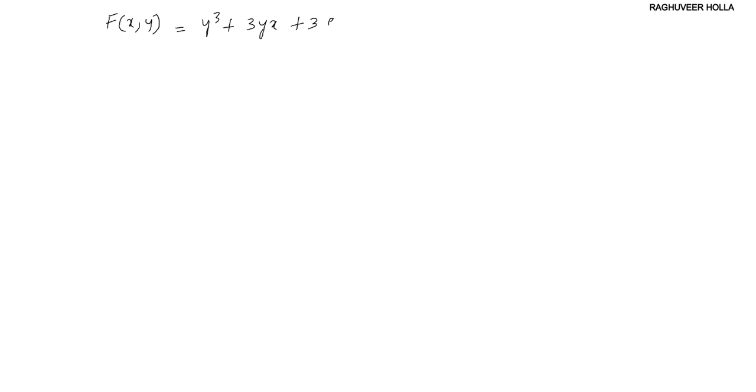Now given f of (x comma y) is y cube plus 3yx plus 3 e to the power of y minus 2, which is equal to 0. We will find dy by dx here.